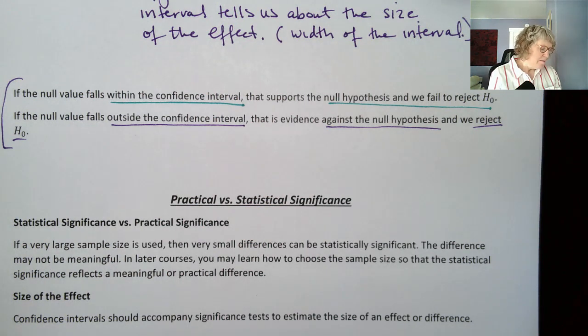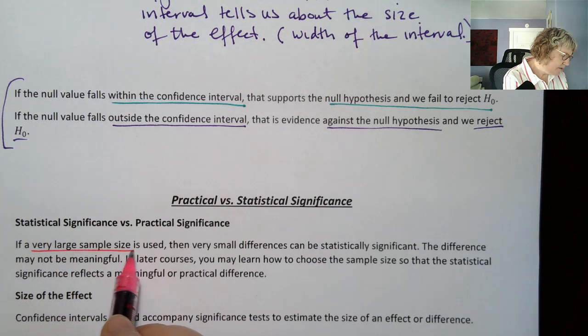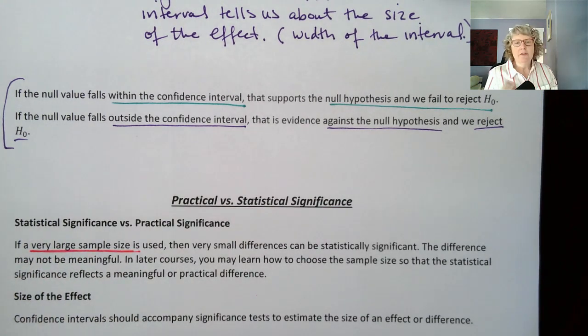So this is the idea of statistical significance versus practical significance. And we had a very large sample size, right? So if you have a very large sample size, then even a small, tiny difference can be significant, okay? But that doesn't mean it's meaningful, or it doesn't mean it's practically significant.